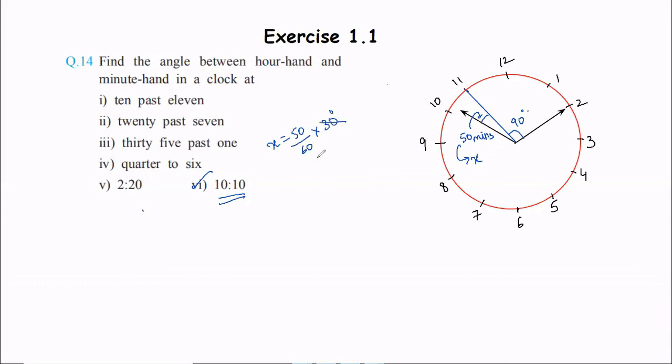Cancelling it out, you will get 25 degrees. So 90 degrees plus 25 degrees gives you 115 degrees. So that's the answer, 115 degrees at 10:10.